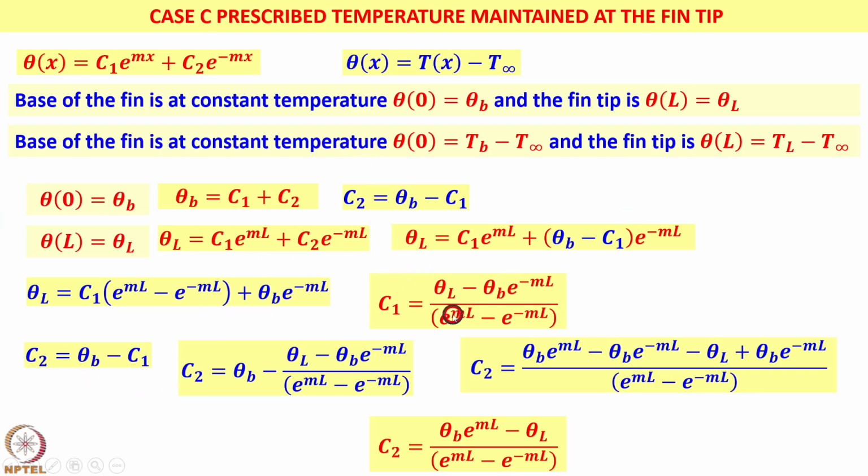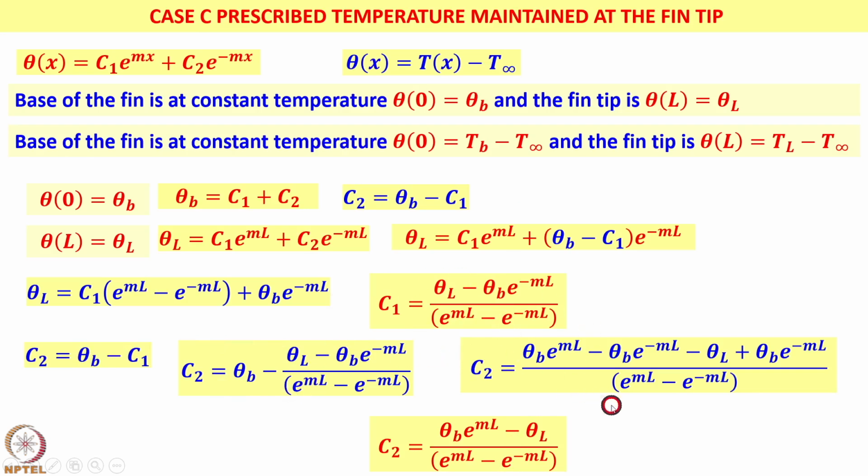Now, if you substitute for C2 from here, theta b minus C1, and do the algebra, you get C1 equal to theta L minus theta b and so on. Now this C1, if you substitute here, you get C2. So you got C1 and C2.